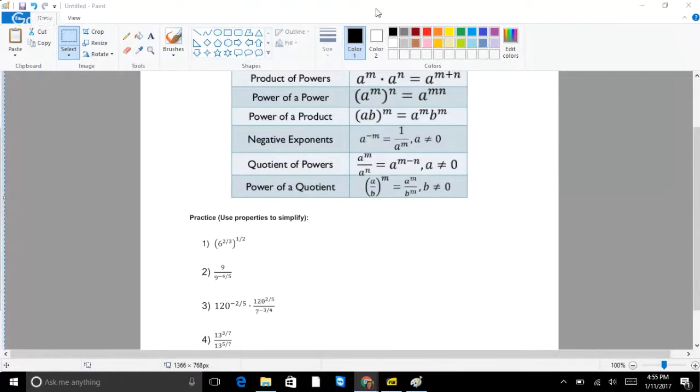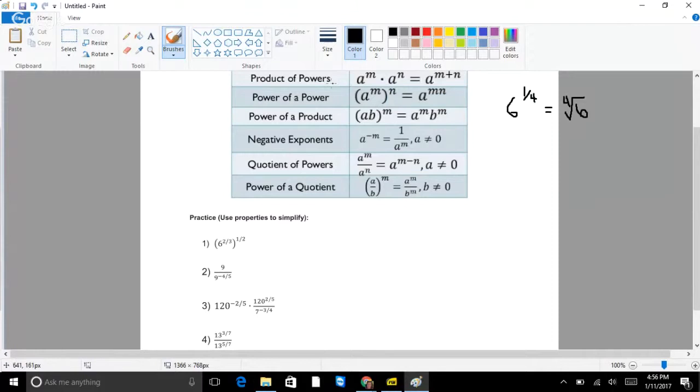So for example, just to give you a quick review, if you have 6 to the 1/4 power, that would be the same as writing the 4th root of 6. So those are two equivalent expressions. So that was in section 6.1.